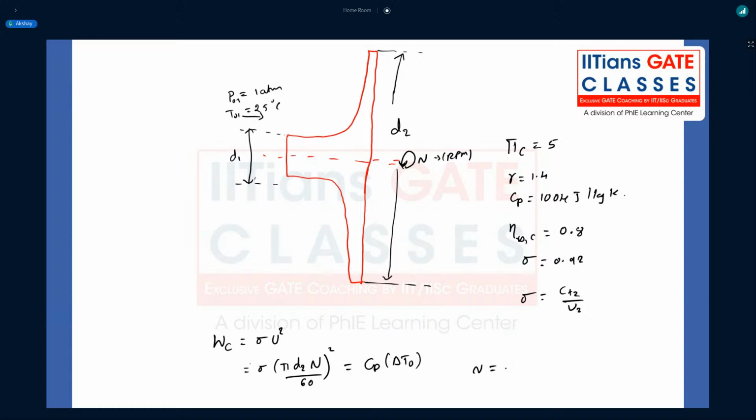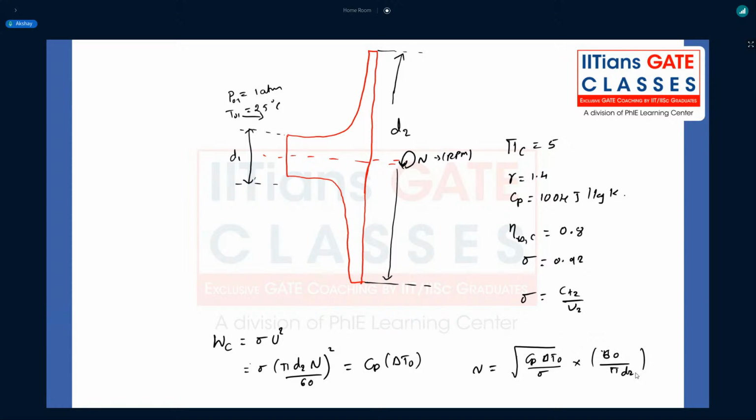So N can be written as square root of Cp delta T naught divided by sigma, times 60 divided by pi times D2. So this is what we need to calculate N.